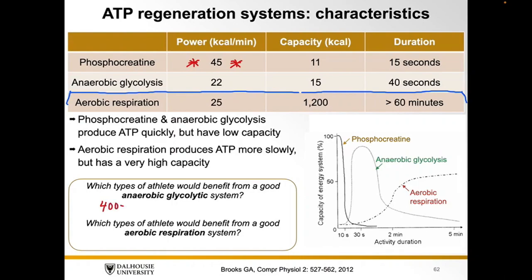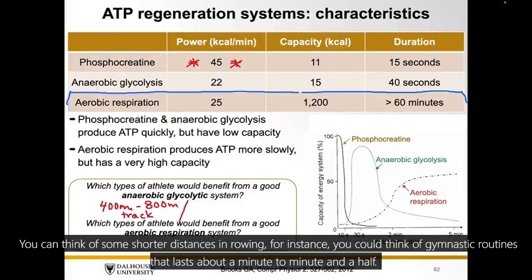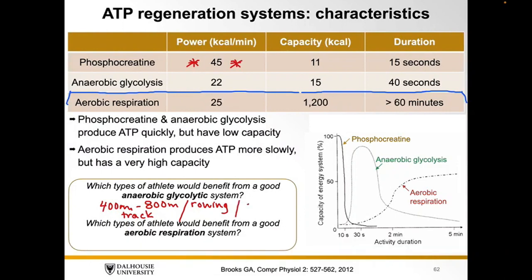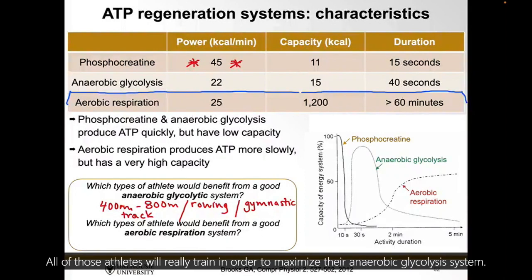You can think of a 400 meter or 800 meter race on the track, for instance. You can think of some shorter distances in rowing. You could think of gymnastic routines that last about a minute to a minute and a half. All of those athletes will really train in order to maximize their anaerobic glycolysis system.